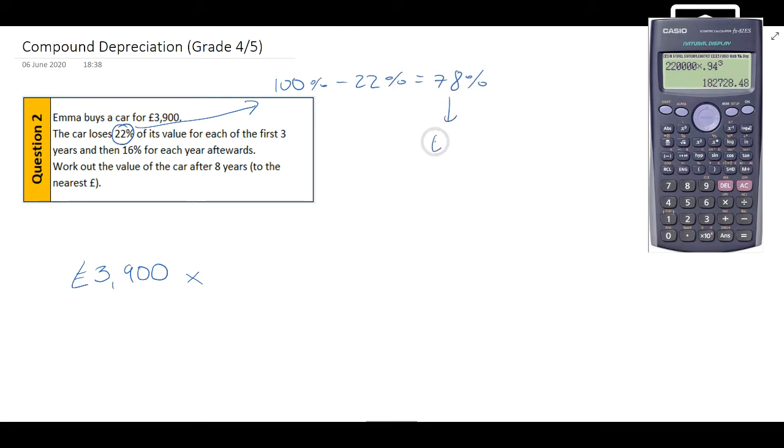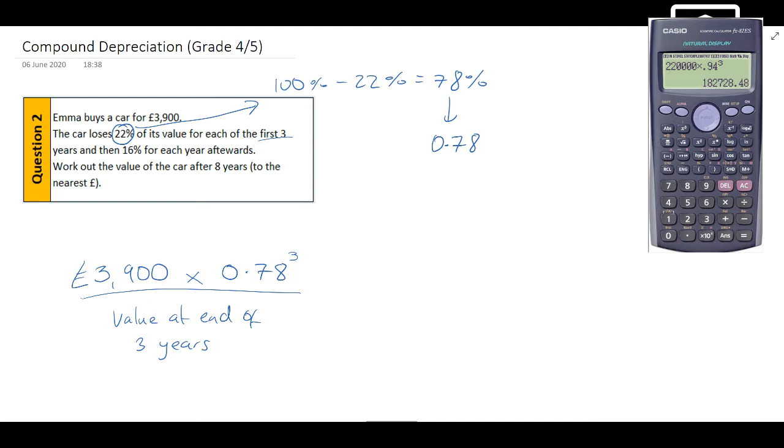Now that as a multiplier is 0.78. So because that's happening for the first 3 years, I'm going to do that to the power of 3. Now that gives me the value of the car at the end of the first 3 years.